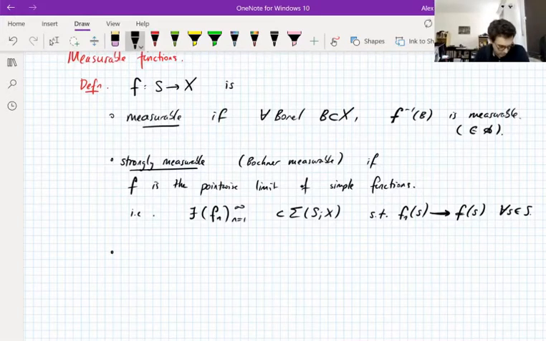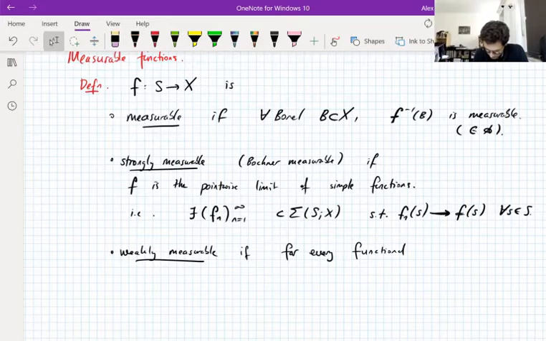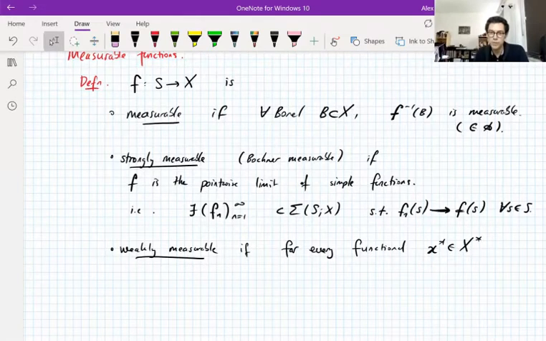We have a third definition, weakly measurable. If for every functional, functionals are now appearing, functional x star in the dual of X. I hope people are comfortable with dual spaces. The dual space of a Banach space is the set of all continuous linear functionals into the scalar field. Okay.